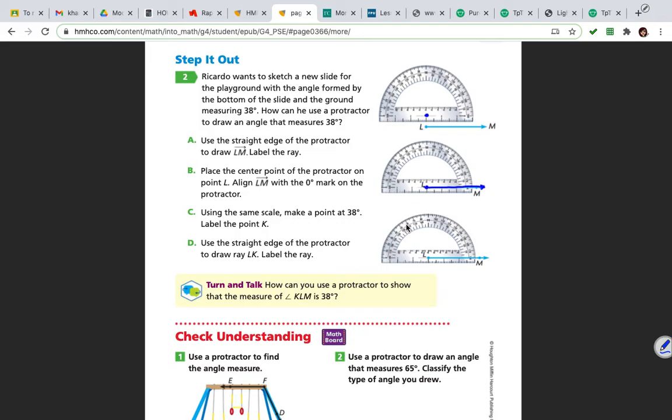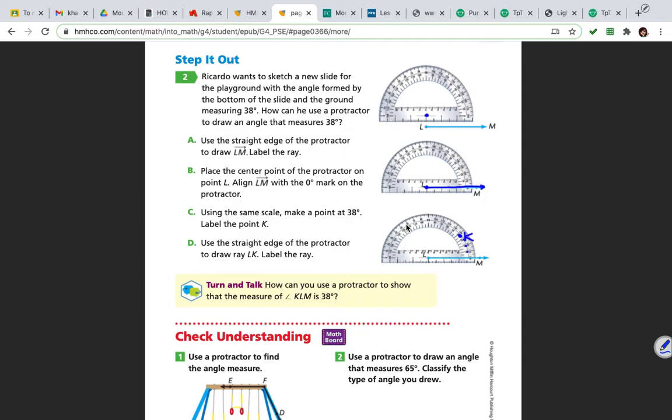The next part is to use the same scale and make a point at 38 degrees. So this is 10, 20, 30. It would be somewhere right here, okay? If you have a straight edge or a ruler, we would want to draw a straight line. We're going to label that point K. Then use the straight edge of your protractor, or a ruler, to draw ray LK and label the ray.